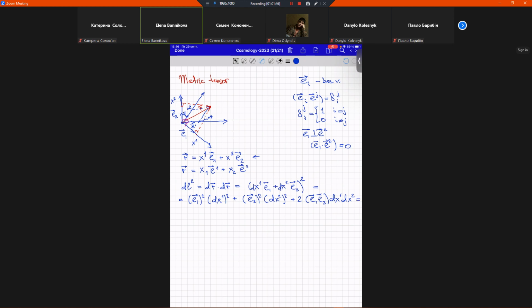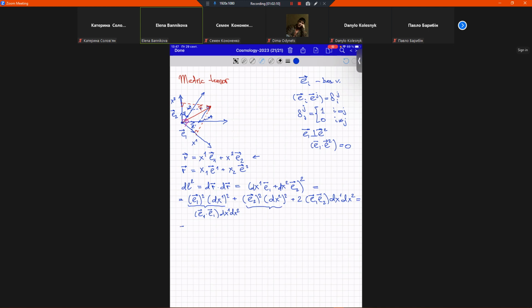More generally, I can rewrite this. For example, if I look at this part, what is this? This is the scalar multiplication e1 on e1, times dx1. The same I can write for this one.